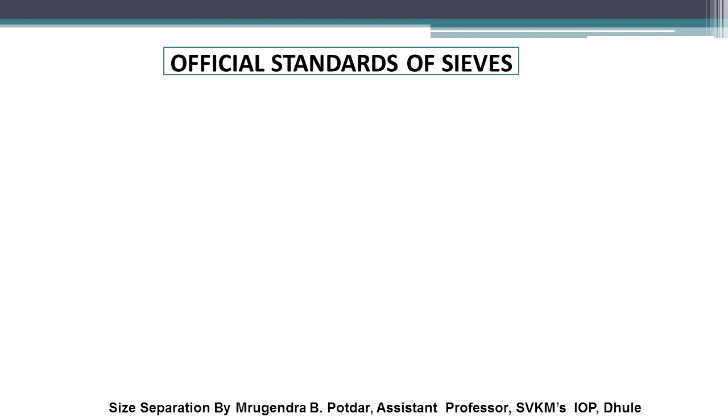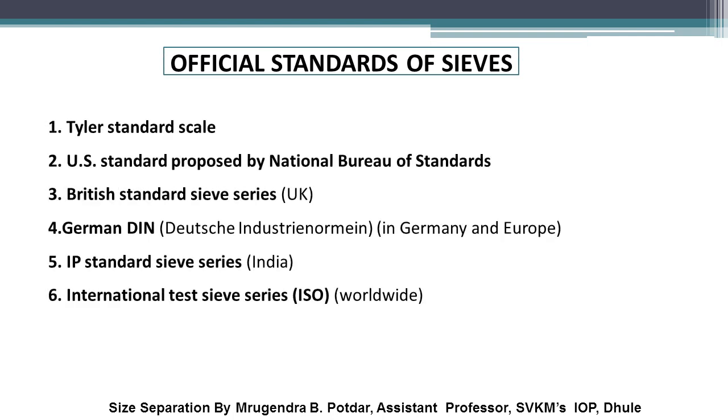Official standard of sieves. Common standards used for sieves are Tyler Standard Scale, US standard proposed by the National Bureau of Standards, British Standard Sieve Series, German DIN, IP Standard Sieve Series, International Test Sieve Series, etc. The Tyler and US standards can be interchangeable since the difference between the two standards is less than the allowable tolerance in weaving of the screen.